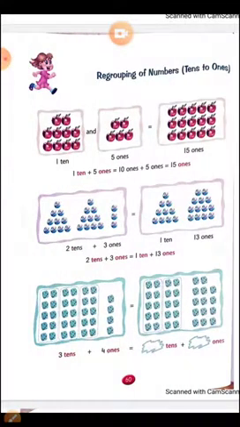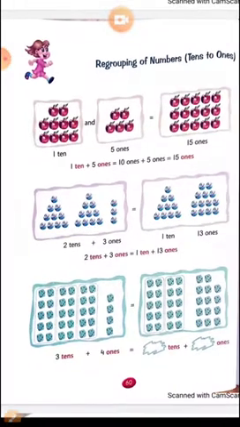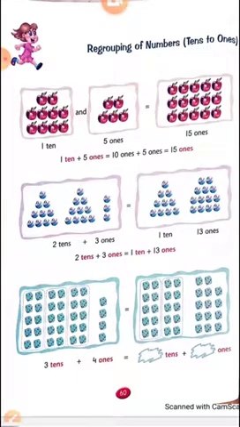Now I move on to the regrouping of numbers, tens to ones. Now children, there is a difference in regrouping in addition and subtraction. In addition, we regroup the smaller place into the bigger place.